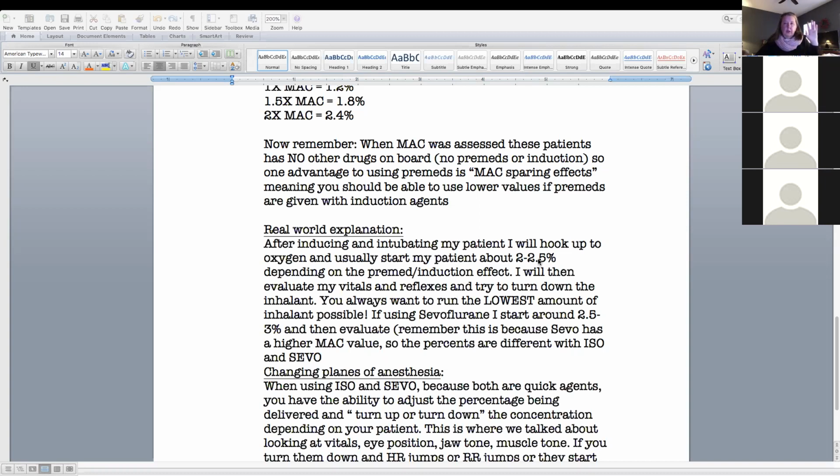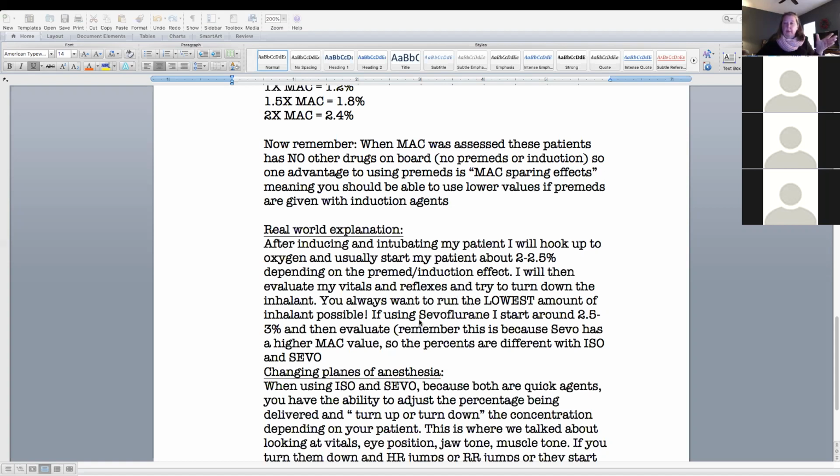So if you start at 2.5%, then usually what I do is I'll evaluate my vitals and my reflexes. Get a heart rate, respiration, check your jaw tone, what's your eye position, what's your color, get an assessment of how your patient is breathing, and then I may try to turn them down. And I always try to turn them down to the lowest amount.